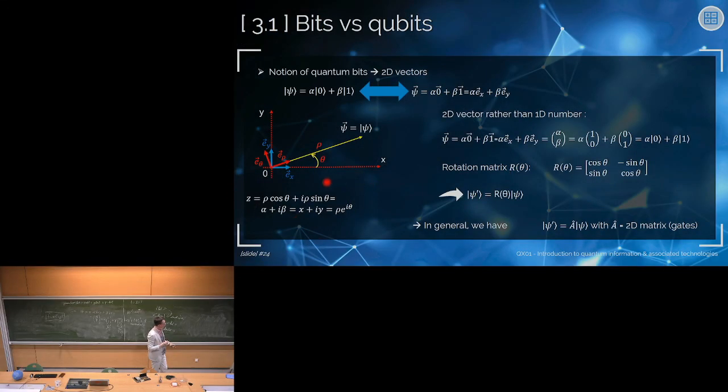And so we can basically use complex notation to represent that space and transform our alpha beta into rho and theta. The reason why I say that is because it's another way of writing our qubit.